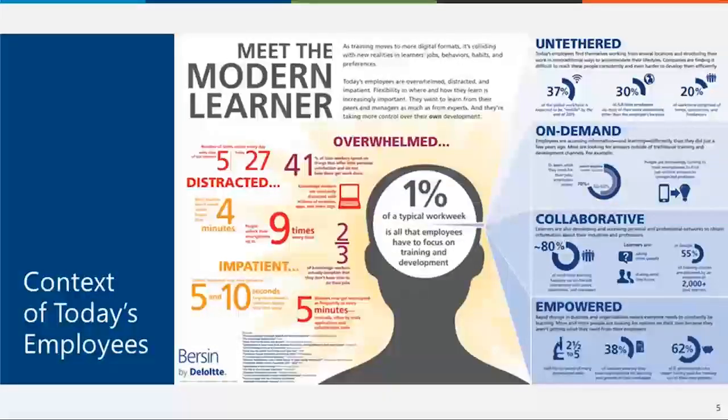Some other key information which really struck me from this research from Burson was that workers are interrupted every 5 minutes during the normal working day from their colleagues, from telephone calls, from emails. And 30% of permanent employees now work away from what we'd class as a main office location.